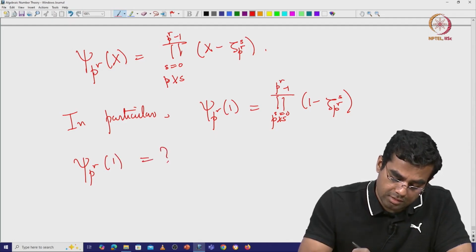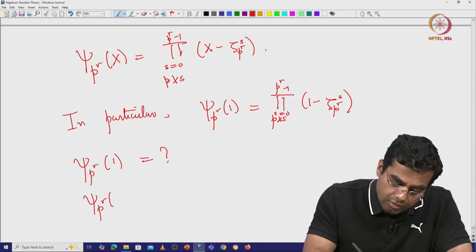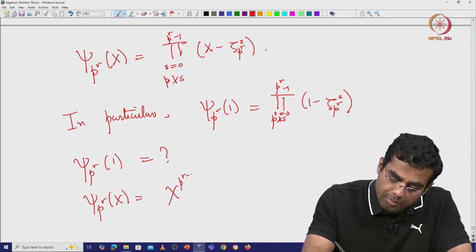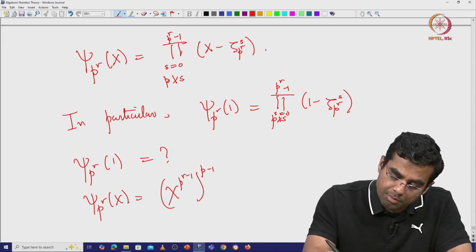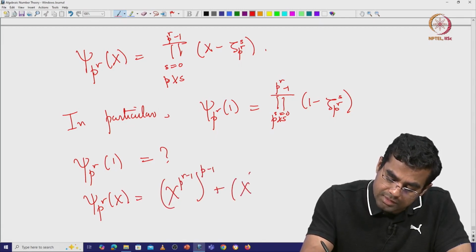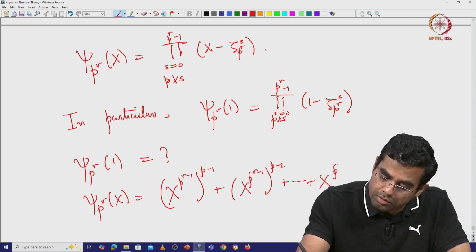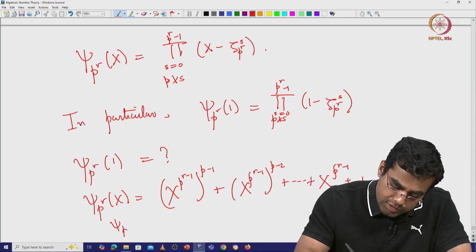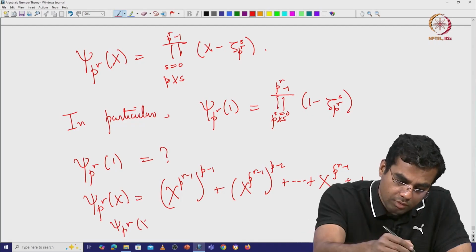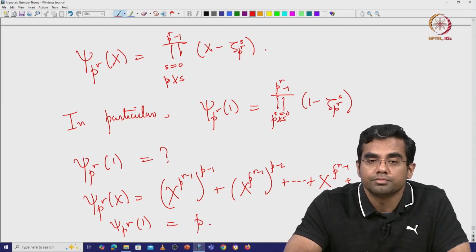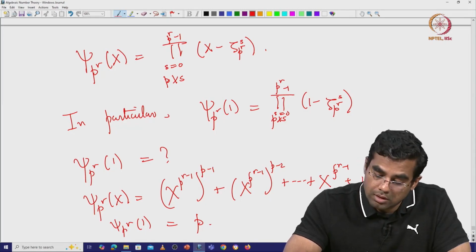Well, psi p to the r of x, another expression for this is x to the p to the r minus 1 to the power p minus 1, plus x to the p to the r minus 1 to the power p minus 2, and so on up to x to the p to the r minus 1 plus 1. So, if I just put x equal to 1 in here, I just get p, right. Okay.